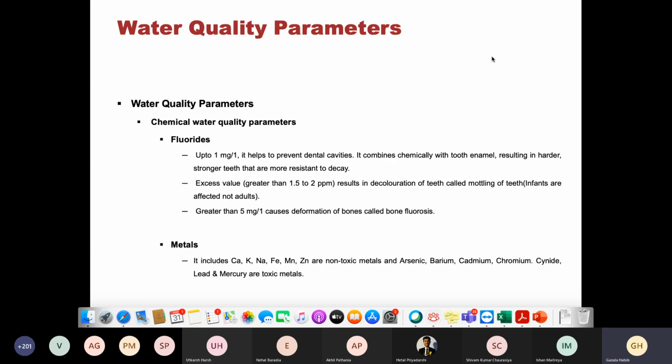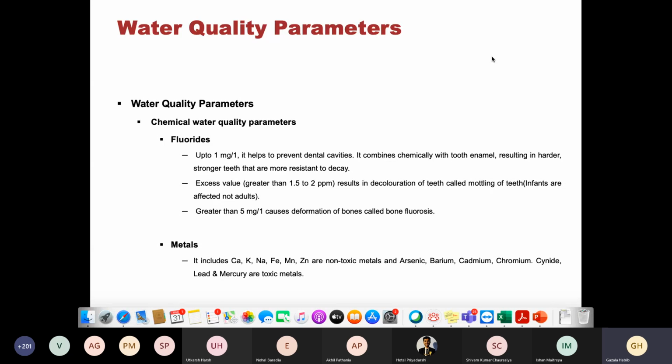In infants, you can see there is a teeth problem. Their teeth get black and they break in various places. It's a breakage of teeth and blackish in color.